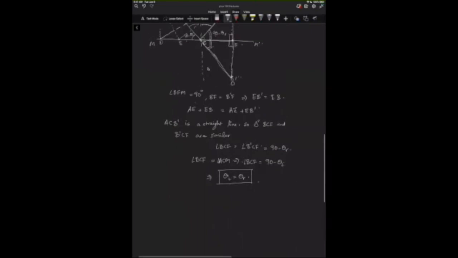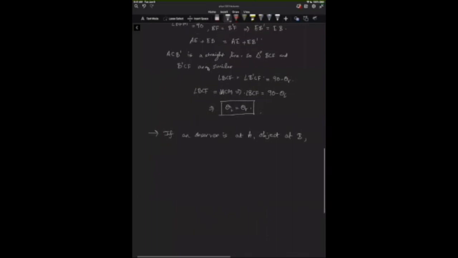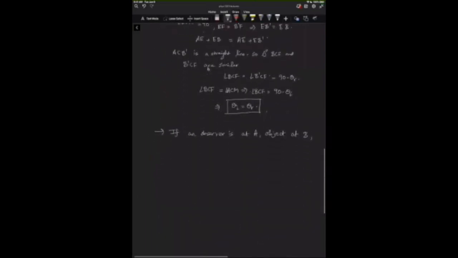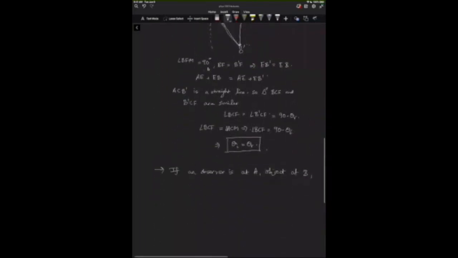Then the last point to note is that if an observer is at A and the object at B, or vice versa, whichever way you want to look at it, then because we made this construction, B and B prime are equivalent. They are equivalent points as far as A is concerned.